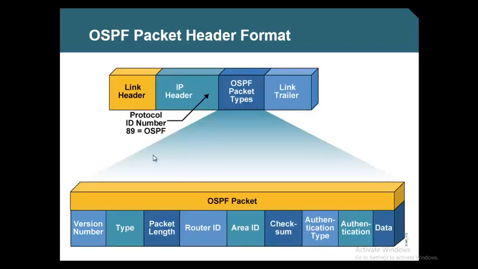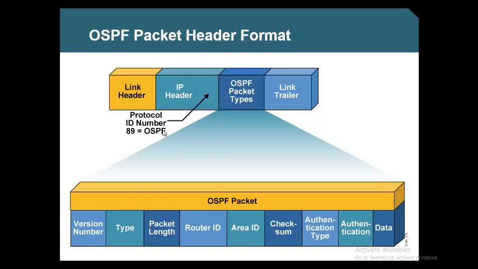This is how the header looks like. See, the protocol field on the IP header will only have this information. It will say IP89. IP89 is the ID given to identify this protocol.